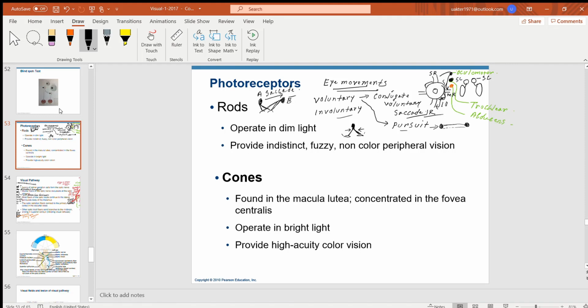Now in case of saccade, you see when you move from this point to this point, this eye is moving laterally. However, this eye is moving nasally, that means medially. Make sense? So not the same muscles are working, right? Your right eye is moving laterally, at the same time your left eye is moving medially.